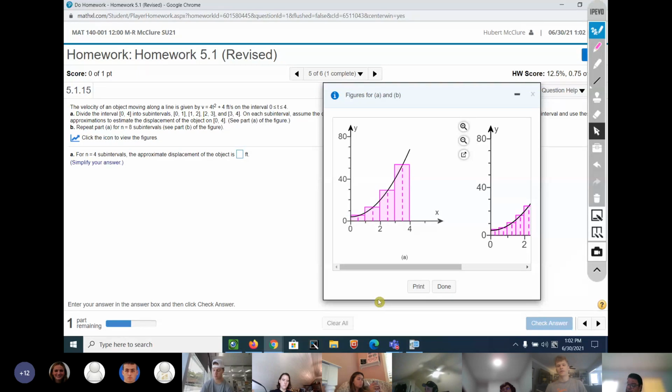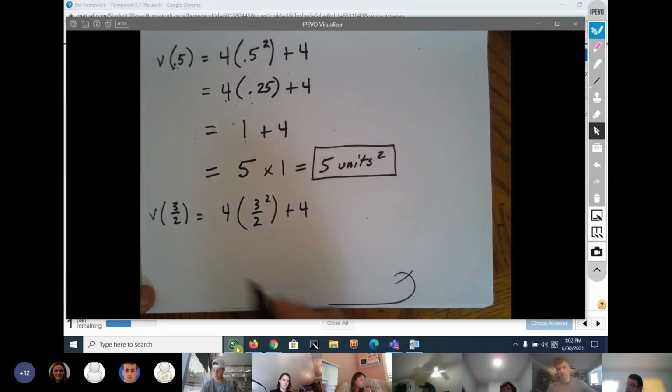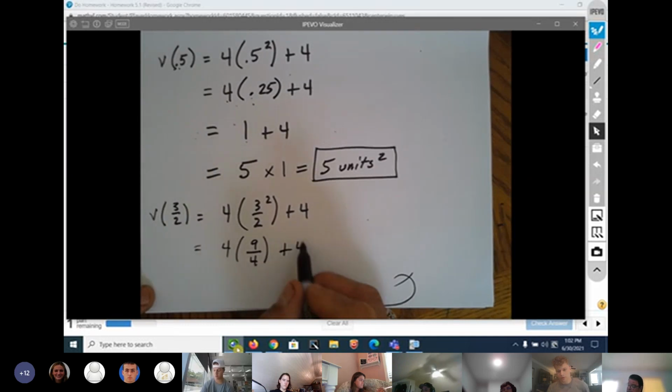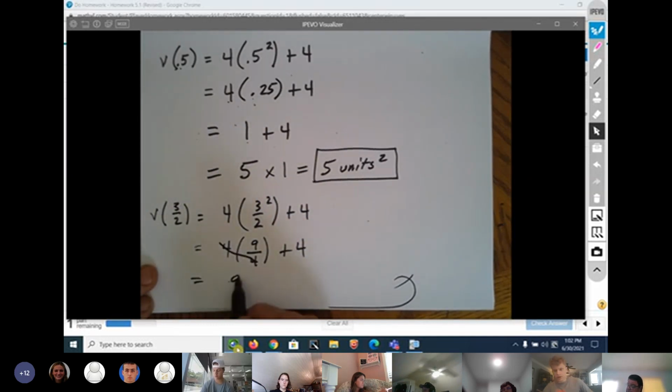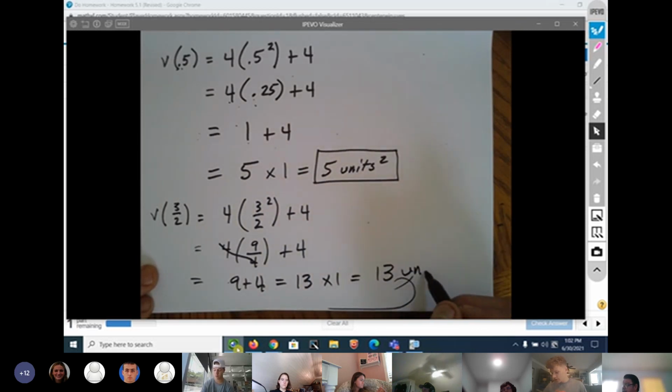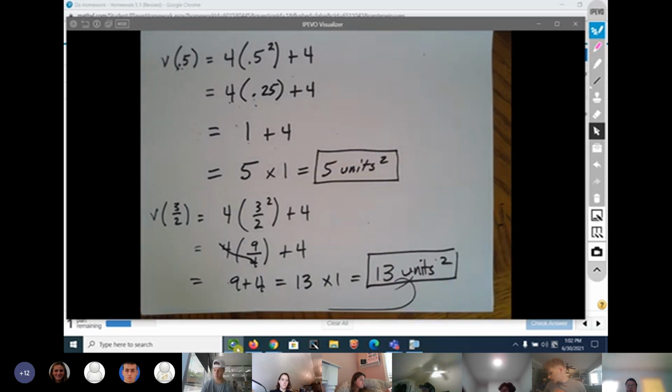So I'm going to do V of 3/2 is equal to 4 times 3/2 squared plus 4. So equals 4 times 9/4 plus 4. 4's go out. 9 plus 4 is what? 13 times 1. That's 13 square units. So the second rectangle is 13 square units.